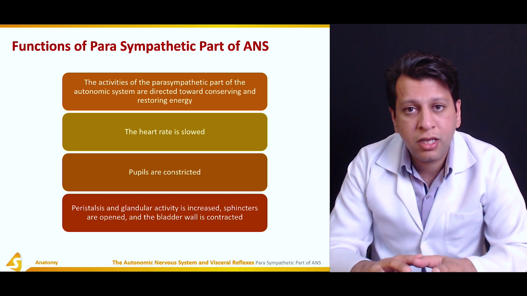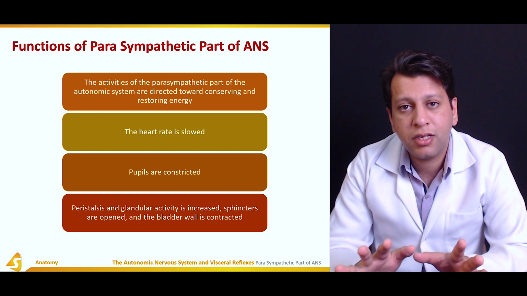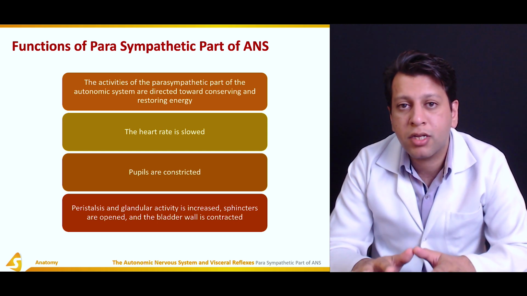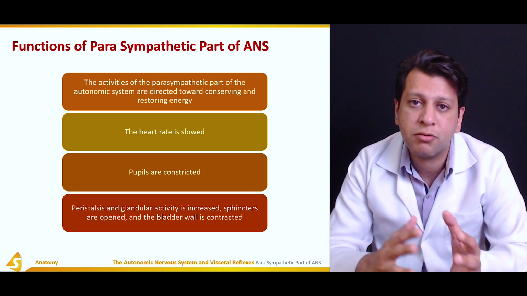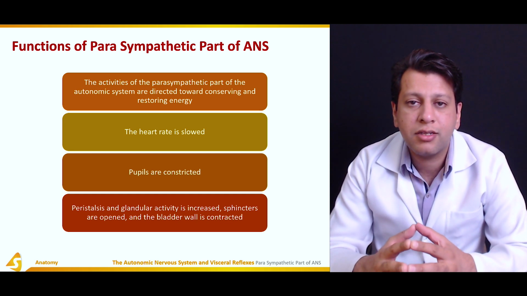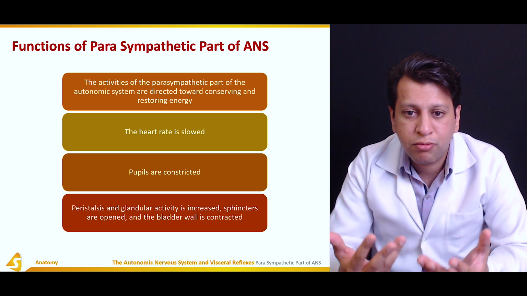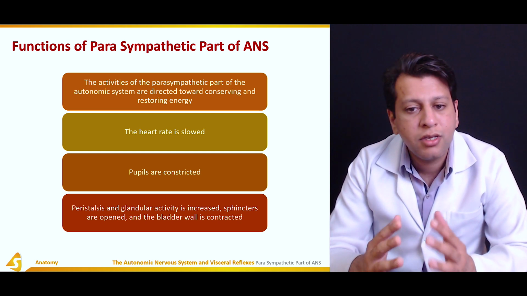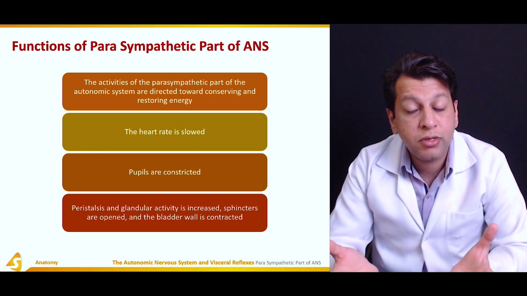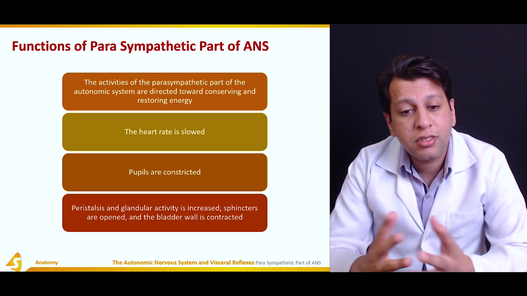At this time, when you're relaxing and conserving energy, the parasympathetic part of the nervous system is activated, and this helps your body conserve and restore energy which has been drained. The heart rate slows, the pupils are constricted, you don't need them dilated.